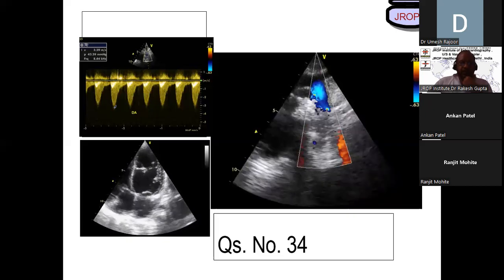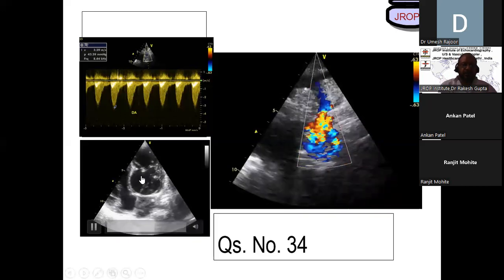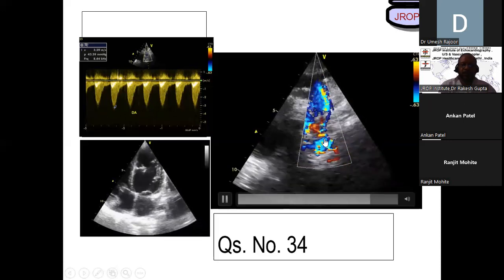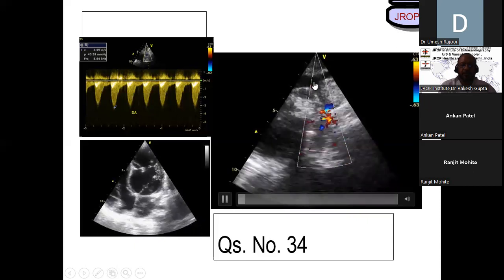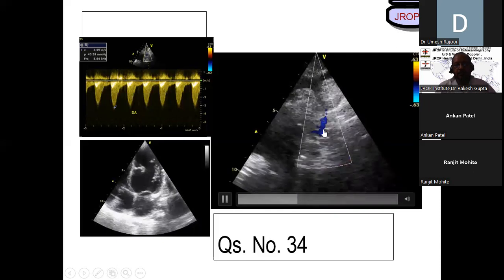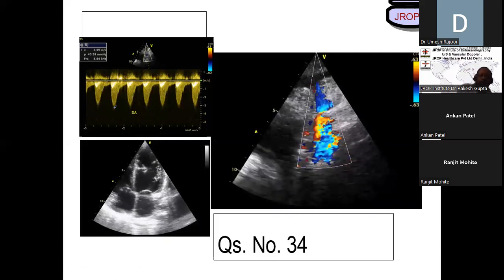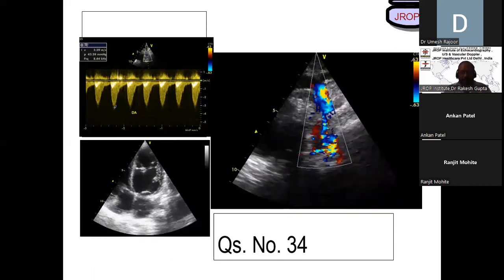This is left atrium. This is left ventricle. Here is the membrane. What is this picture? Sir, there is turbulent flow.